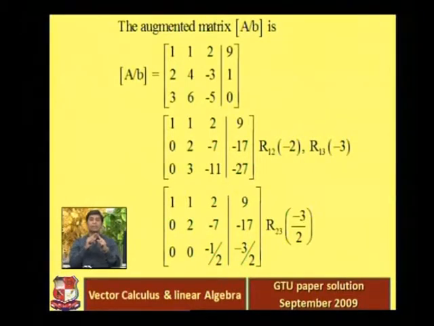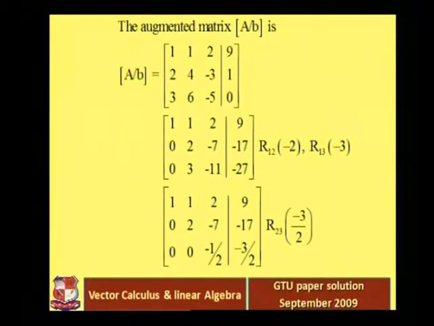What is a leading entry? The first non-zero element in any row. Below that leading entry all the elements should be 0. The second condition is, whenever you go from above to below, the leading entry moves from left to right.